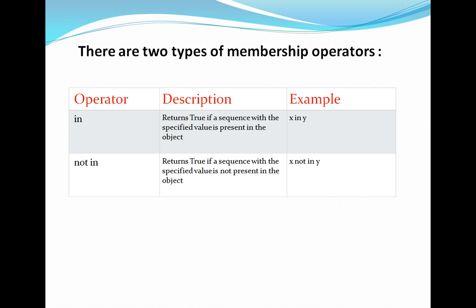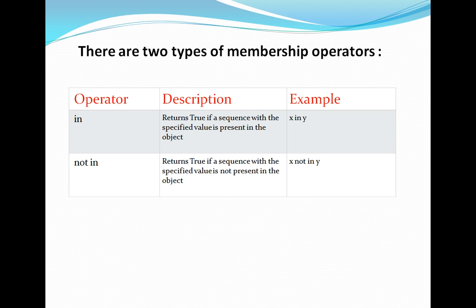That means suppose I have written A is equals to 1, 2, 3, 4 and 5, and I check whether 5 is present in A or not, means in the list or not, it will give you true. And if I write 6 in A, it will give you false. That means not in is the exact opposite of the in operator, it will return true if the specified value is not present in the sequence.